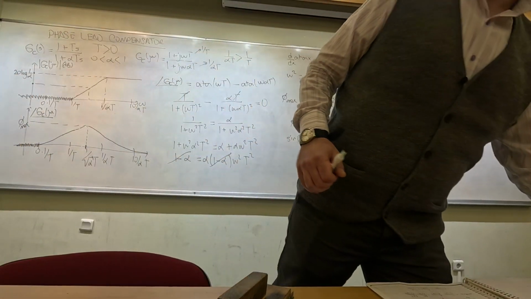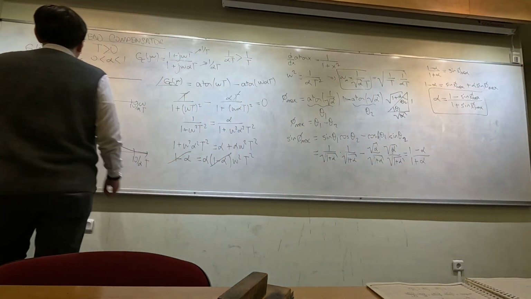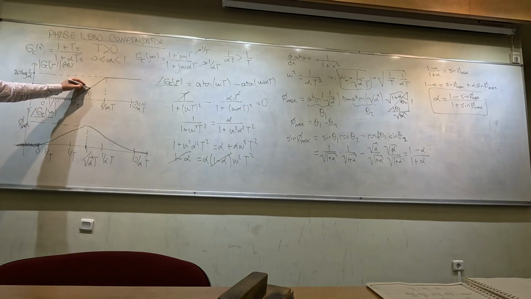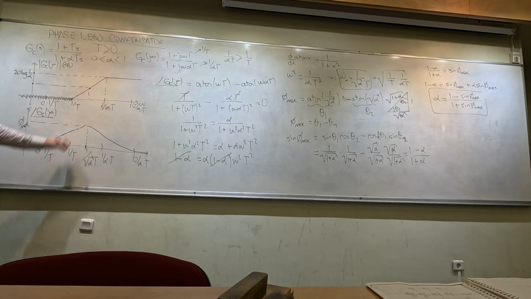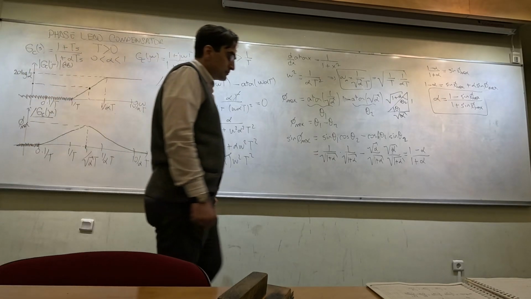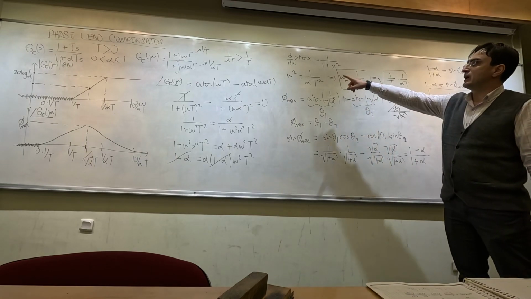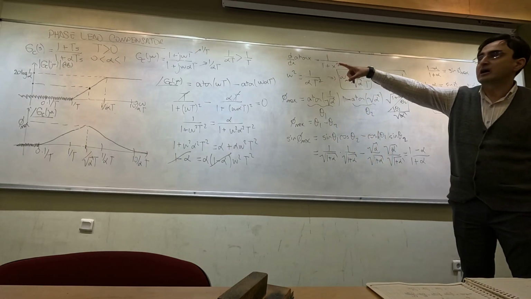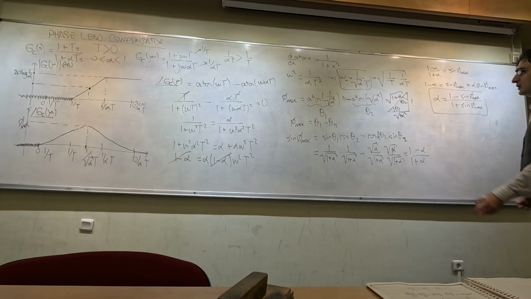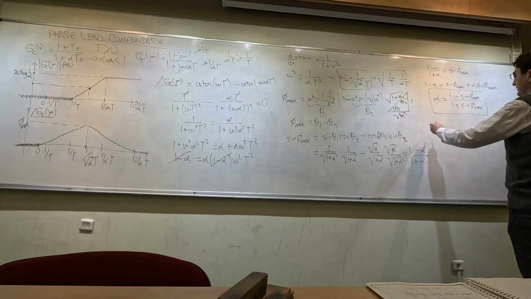And here the final thing is going to be to calculate this magnitude value at the peak phase. Okay? What is this magnitude value? For that, I'm going to substitute this omega m value into the magnitude of that frequency response. First of all, let us look at what that magnitude is.